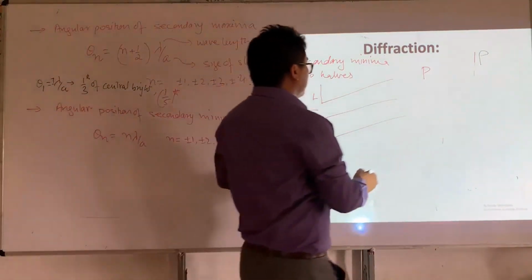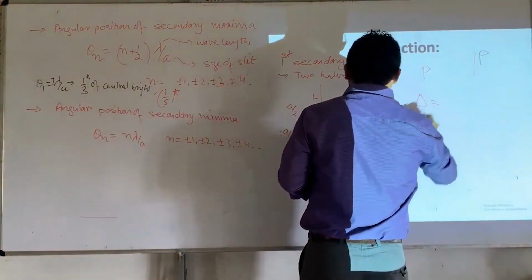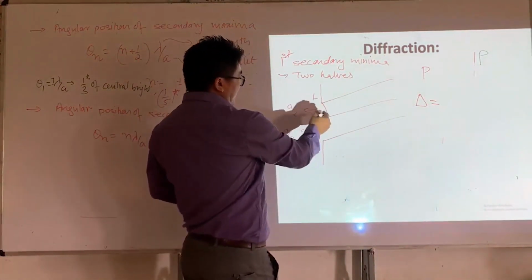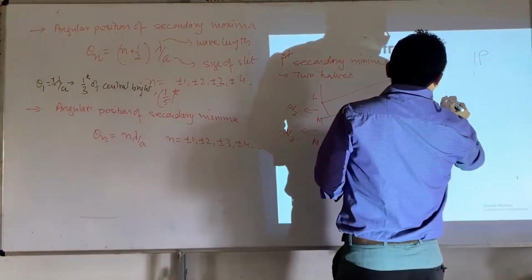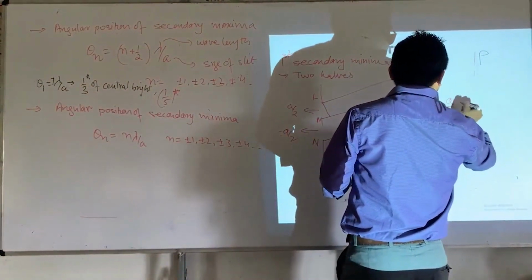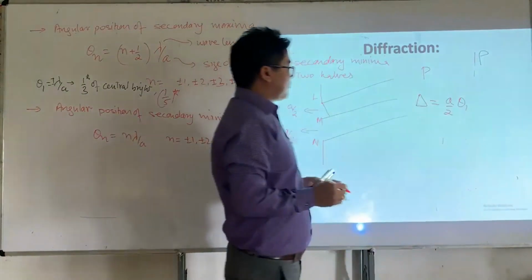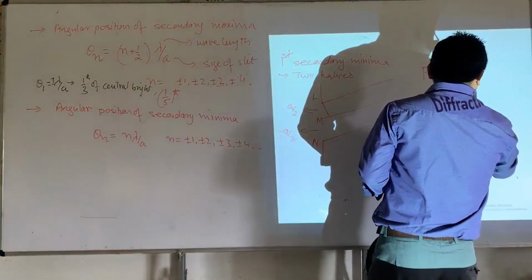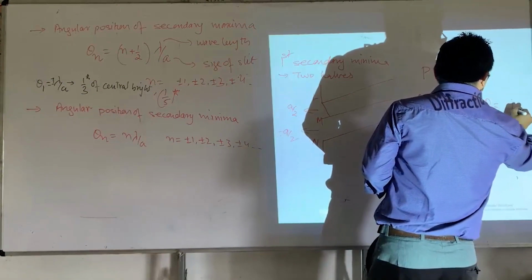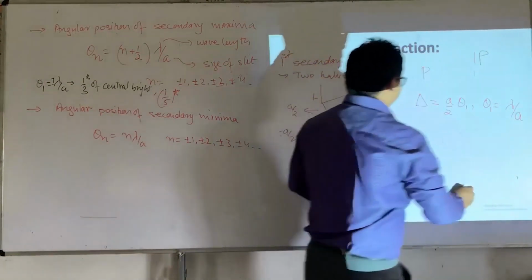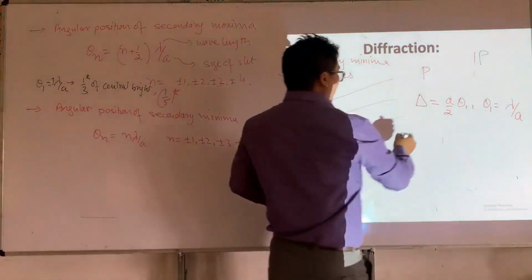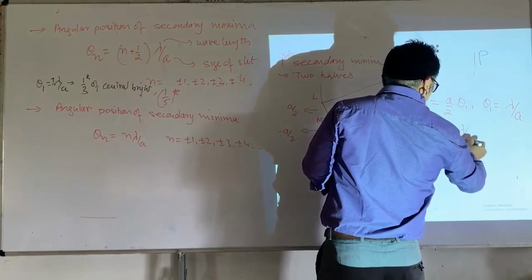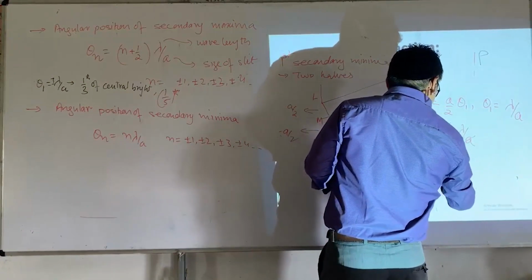And now look here, what is the path difference? This interferes with this, right? This path difference is going to be a by 2 theta 1. This is destructive, right? And what is theta 1? This is theta 1, and theta 1 is going to be lambda by a. So therefore, the path difference is going to be lambda by a, cancel out.